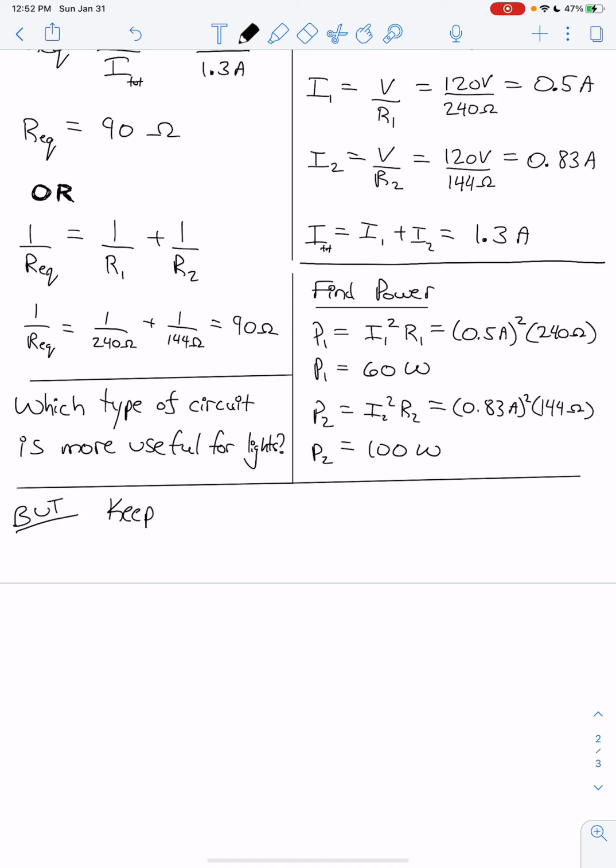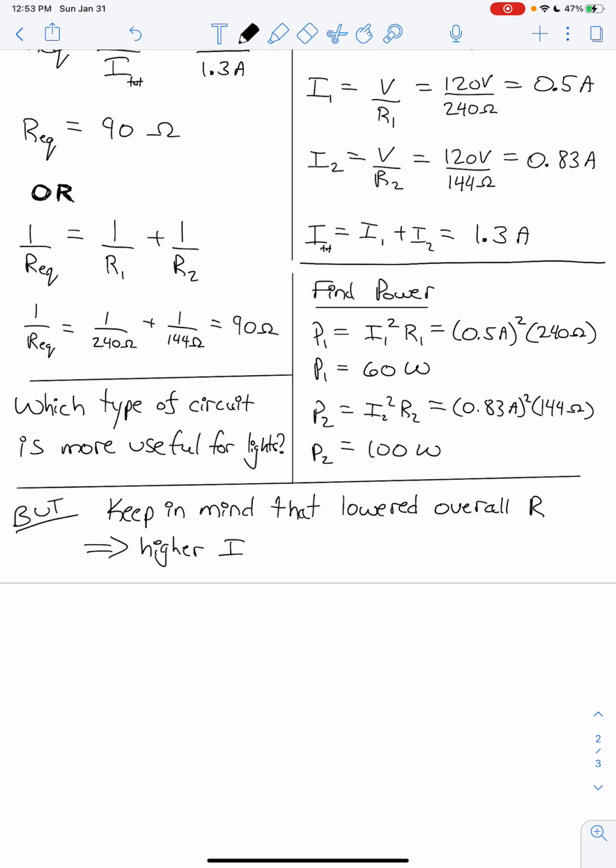So keep in mind, what did we do to get this power? Well, we lowered the overall resistance, and that gave us higher current.